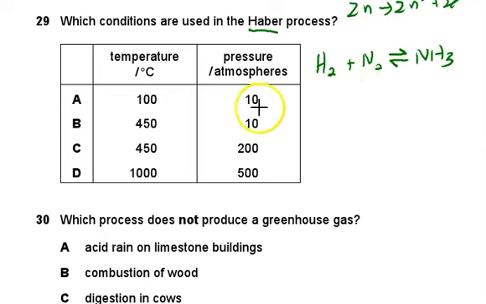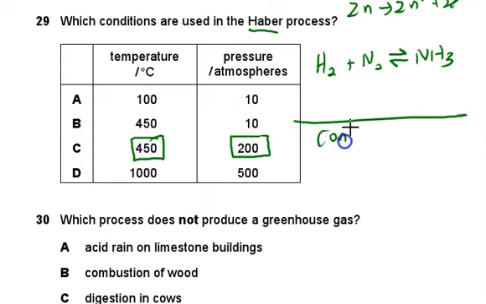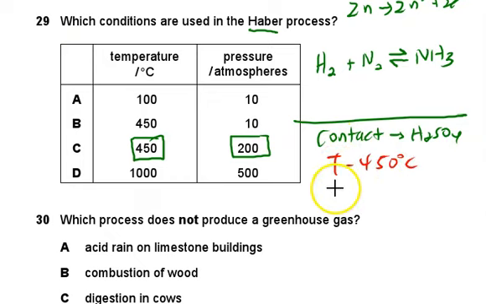So your temperature here will be 450 and your pressure here will be 200. So don't get confused with the contact process. The contact process is for the manufacturing of sulfuric acid. So here they'll have the same temperature, 450 degrees Celsius, and the pressure here will be 1 to 2 atm. So please don't get confused.